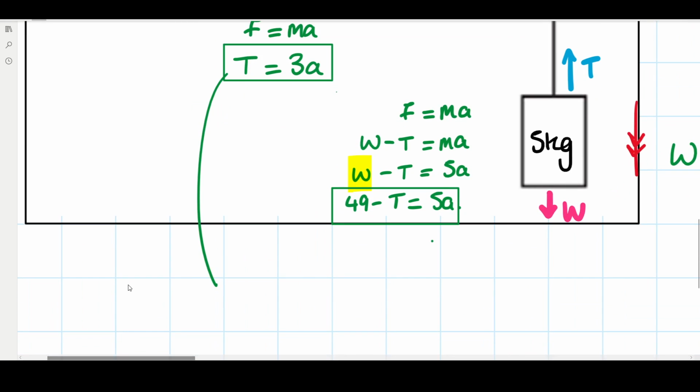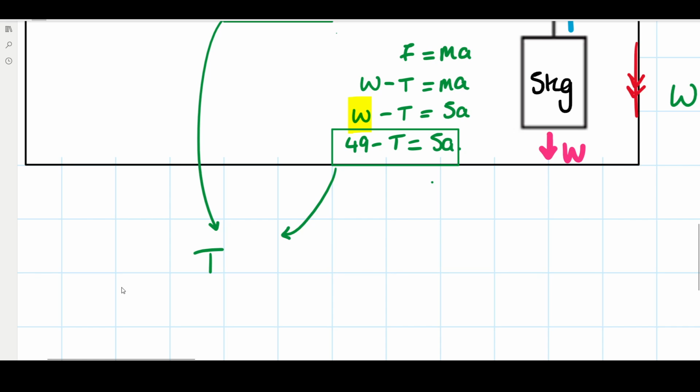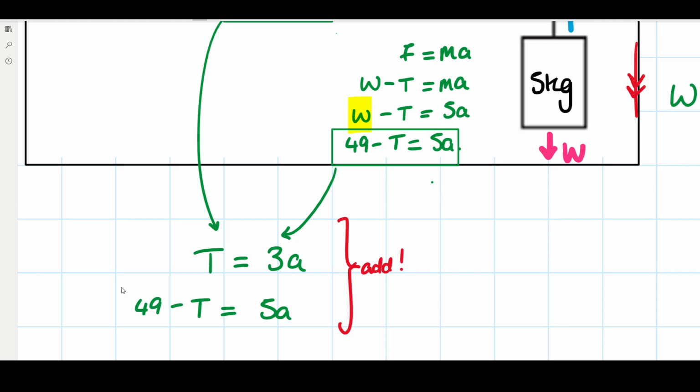I'll take both of these and write them down next to each other. So I've got T equals 3a, and I've got 49 minus T equals 5a. If I add these together as they are, then the tensions will cancel out, since one's positive and one's negative.